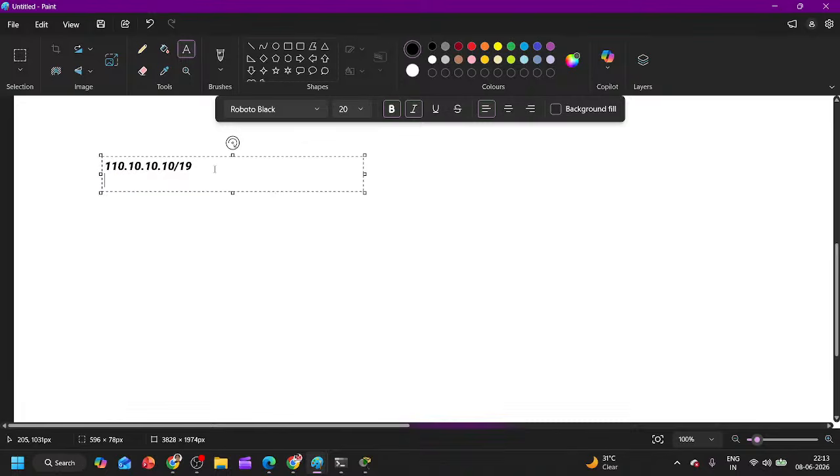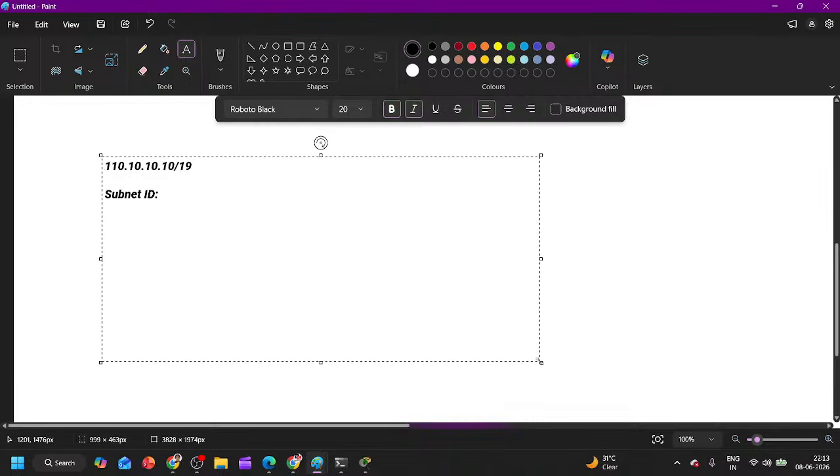In binary, the subnet mask is going to be like this. In the first octet, all the bits are 1. Then in the second octet, all 8 bits are 1, and in the third octet, up to the 19th bit are 1, and 5 bits are 0. And in the fourth octet, all the bits are 0. This is the subnet mask in binary.